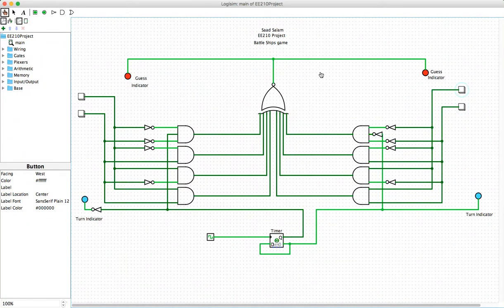One more thing to note about the guessing stage is that while it is enabled, both players have their turn indicators turned on, so that pressing the on-off buttons on either side would change the truth value of the guess indicator light and basically say that the guesses on either side are not the same.